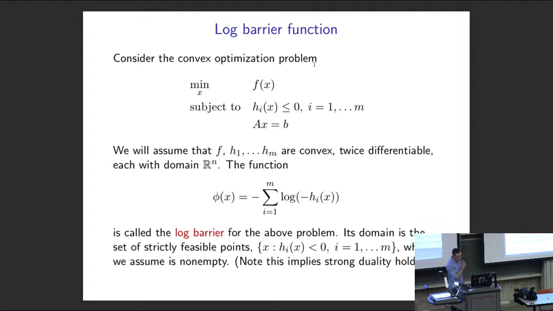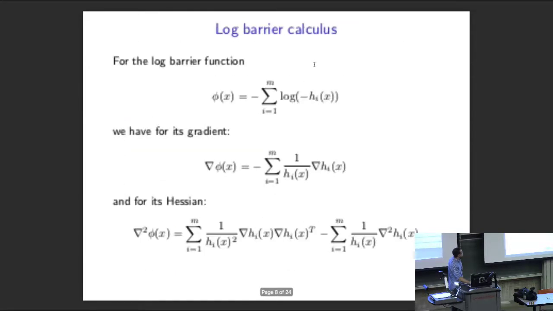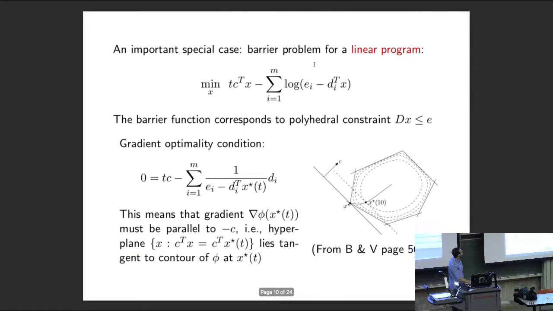That would have been an important thing to point out, that this is a convex function. You can check this in various ways. It's easy to see directly for this linear program, because log is concave, and now I'm composing log with an affine function. So negative log is going to be convex. So this is a convex problem.